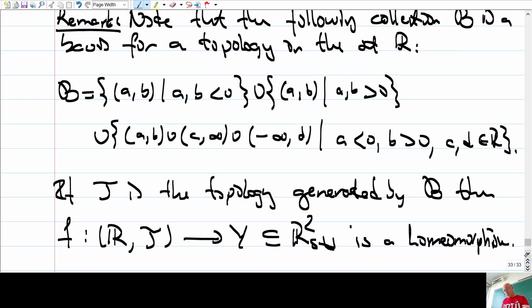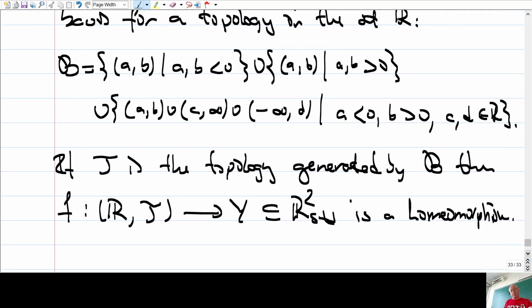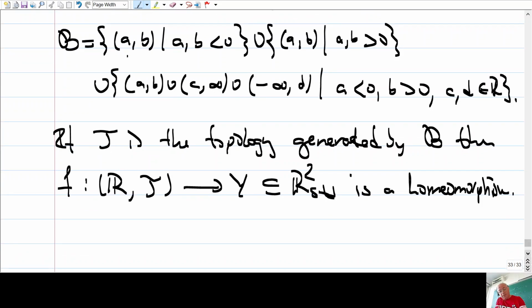Okay, so this is, I think, amazing, right? You have the real line, you change the topology, and it becomes figure 8. And one nice thing is that you see all these open intervals are open subsets of the standard topology, right? They are just open intervals.